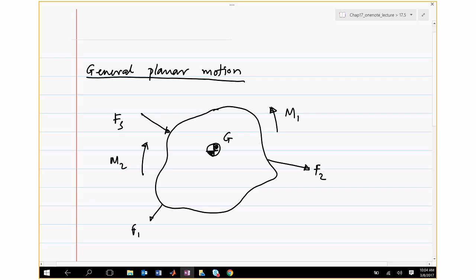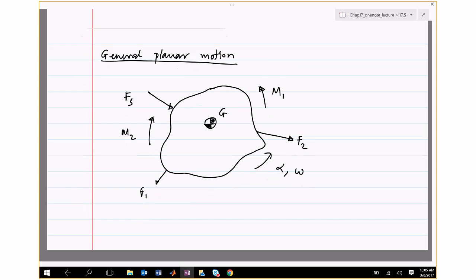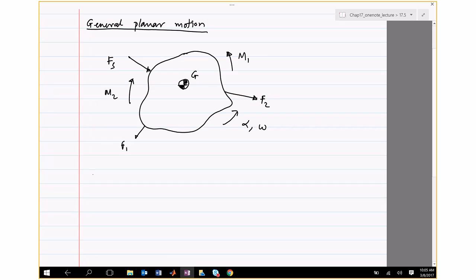G is the center of mass, and let's say that alpha and omega are the angular acceleration and angular speed of the rigid body. So, equations of motion. By the way, this is a free body diagram because I've shown the influence of all forces on the body.